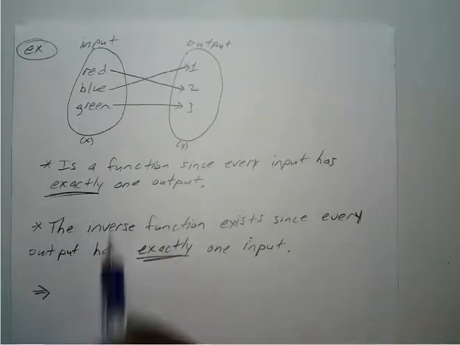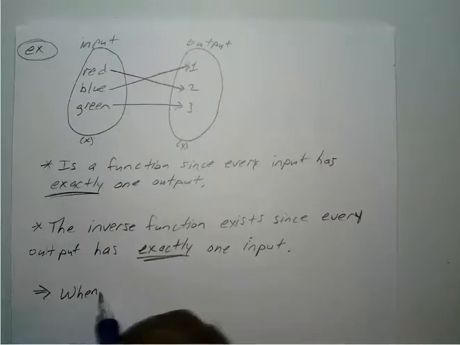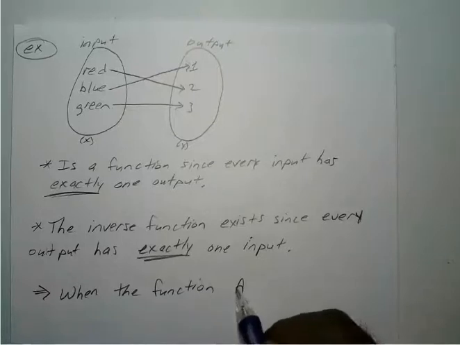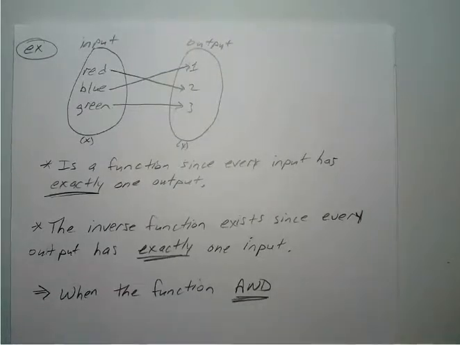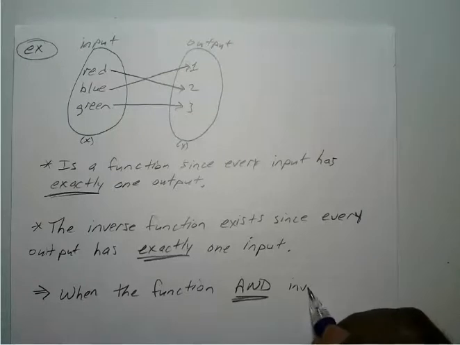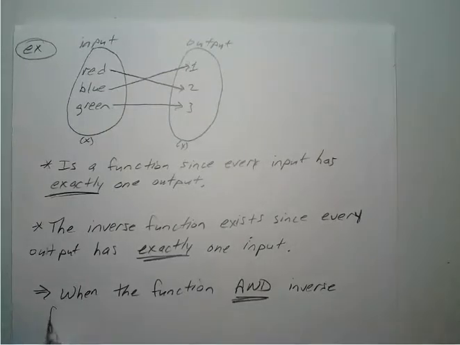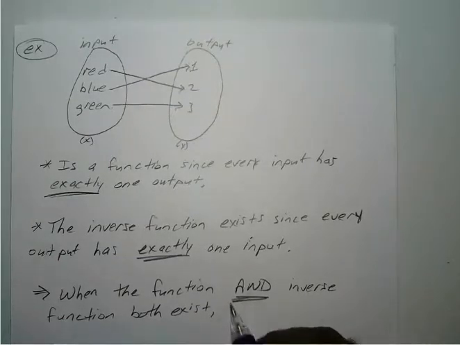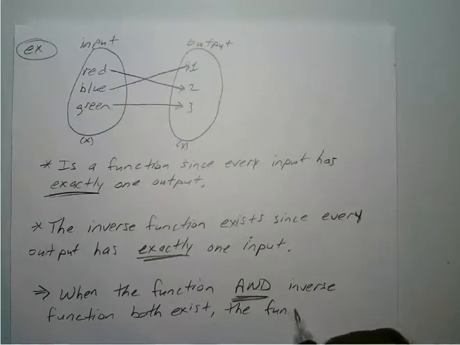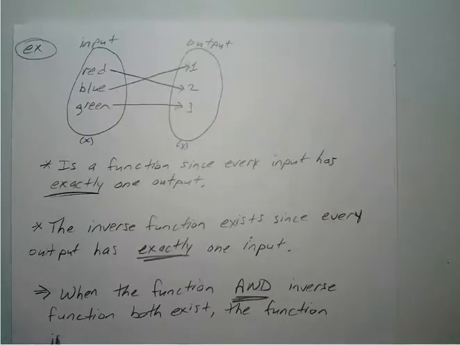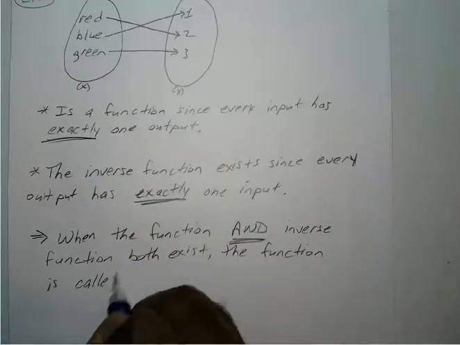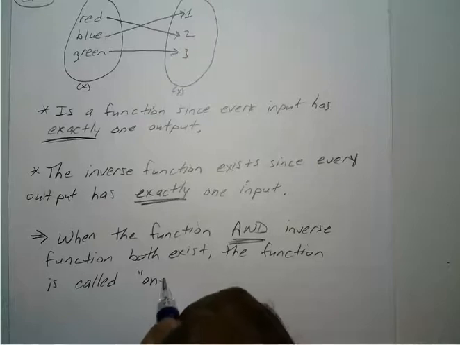When both of these exist, when the function and, that's the key there, inverse function both exist, the function is called one-to-one.